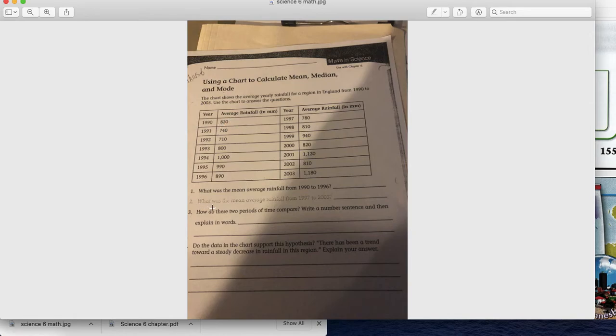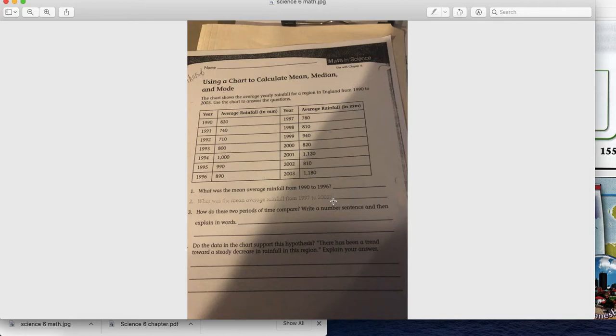Number 2 didn't print very good. It says this. What was the mean average rainfall on the other side? So we're going to do the same exact thing. Here we go. I'm writing down 780 plus 810 plus 940 plus 820 plus 1120 plus 810 plus 1180.